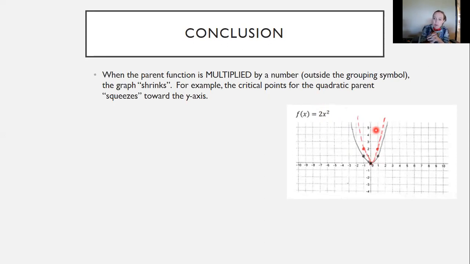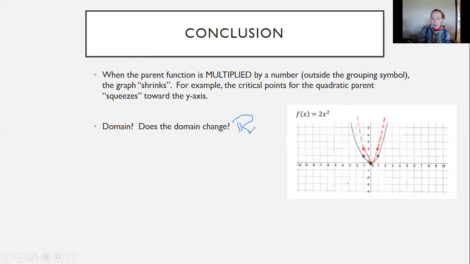Sometimes people argue if it's a shrink or a stretch. You're going to hear me call it a shrink, but it really means it's been squeezed, or it gets closer to the y-axis. So how does that change the domain? Can I still plug in any x and get a y? Yeah. So our domain hasn't changed. It's still all real numbers.